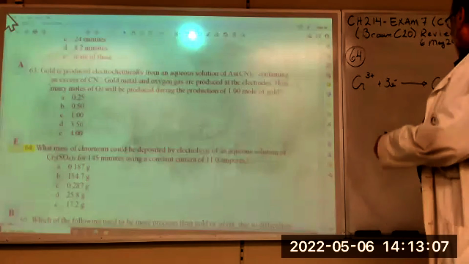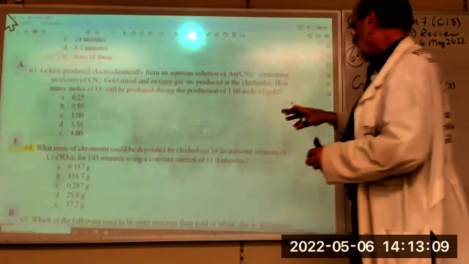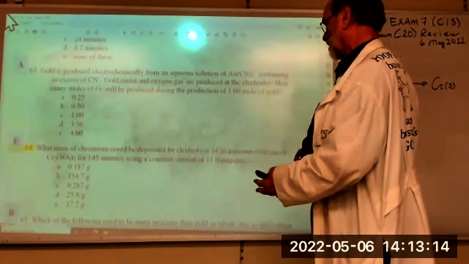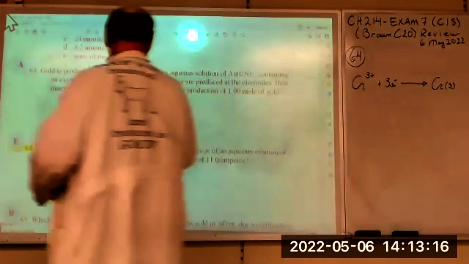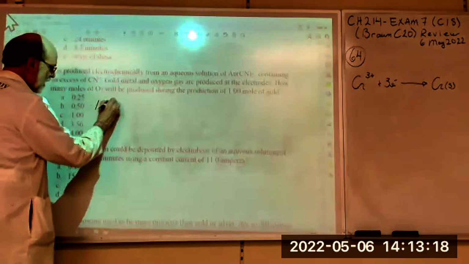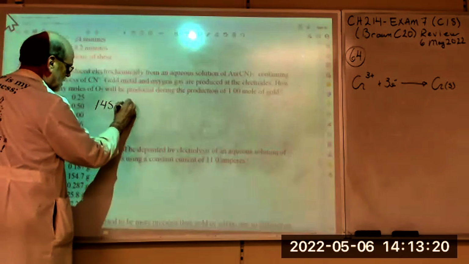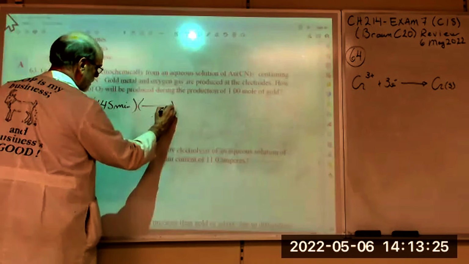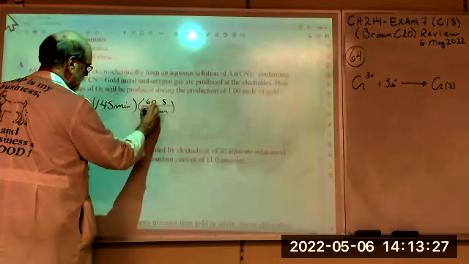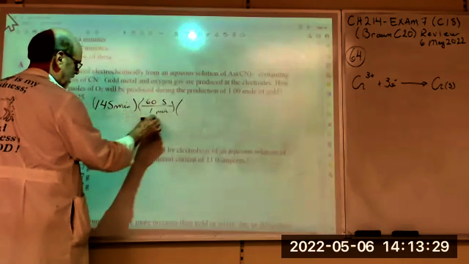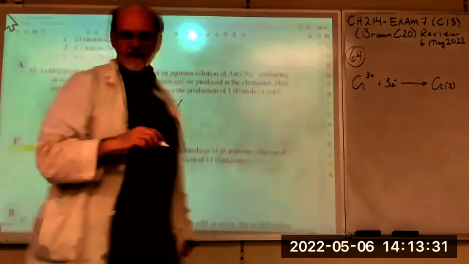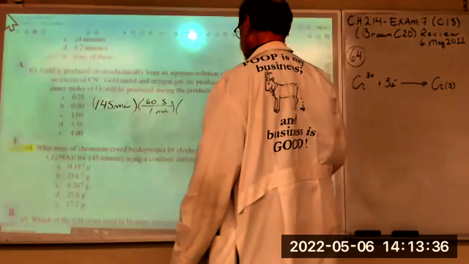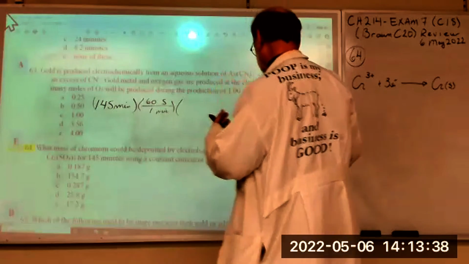So now that we know that, we need to find out how many moles of electrons are being transferred. 145 minutes. We need to convert it to seconds, 60 seconds per minute. So that gives us so many seconds.